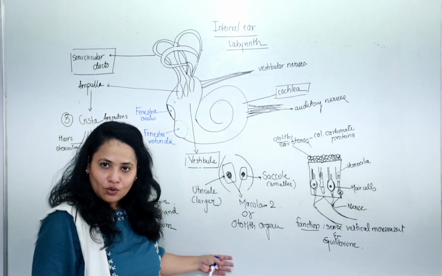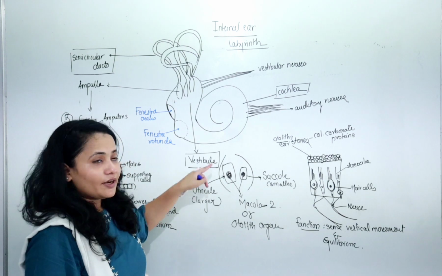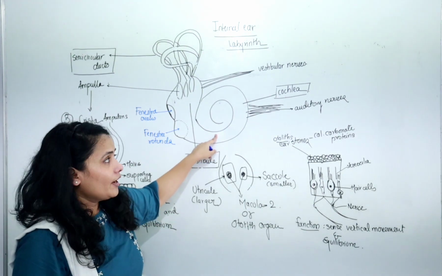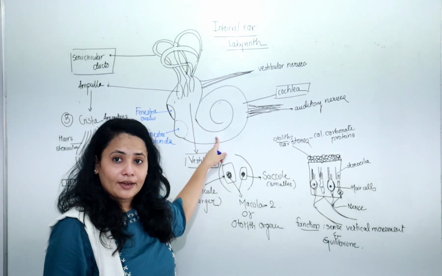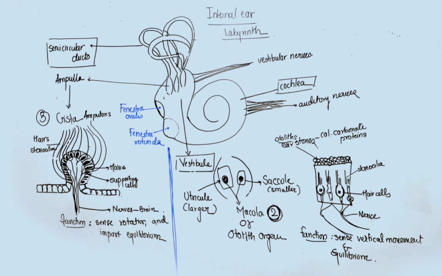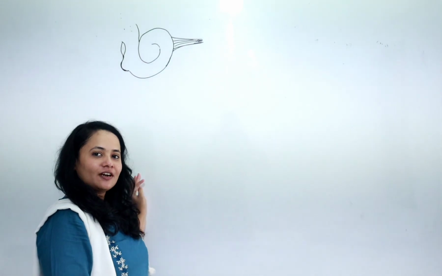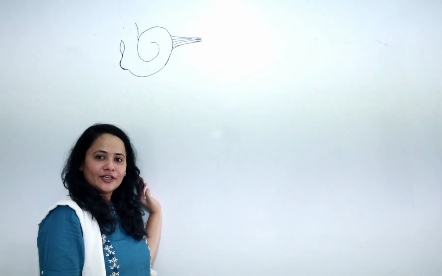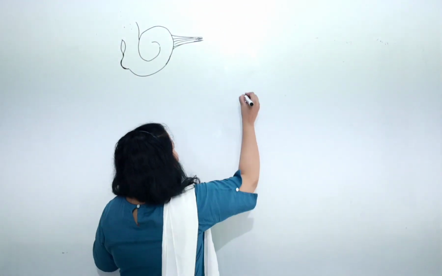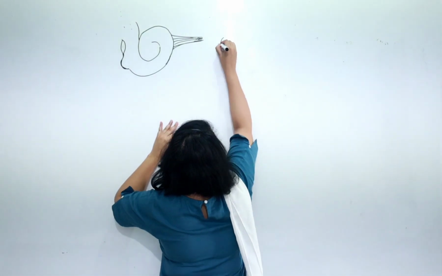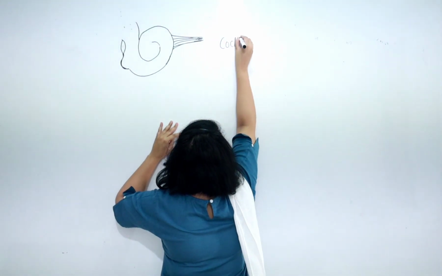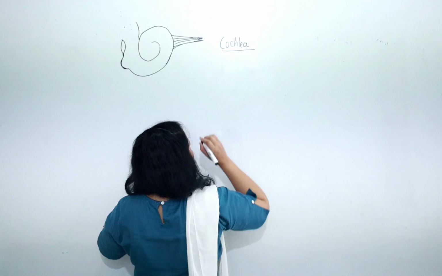After this, now we will be studying the next, that is the hearing organ, and we call it the cochlea. So here we start with the structure of the internal ear, and in the internal ear we'll be talking about the structure called the cochlea.